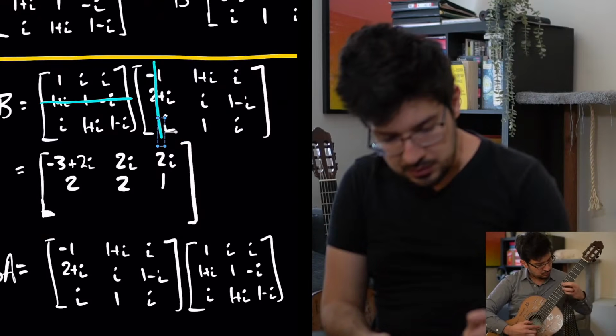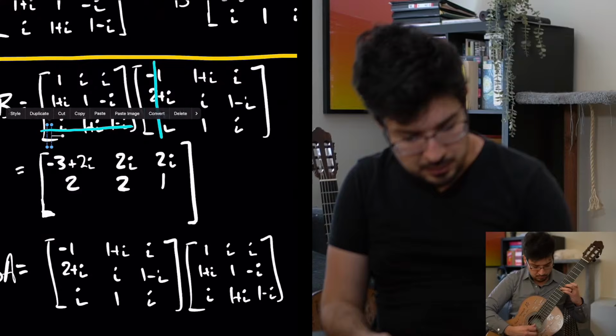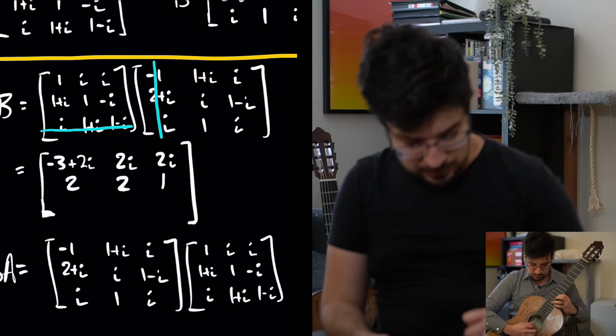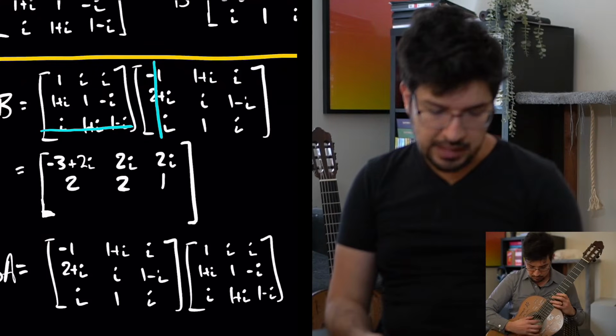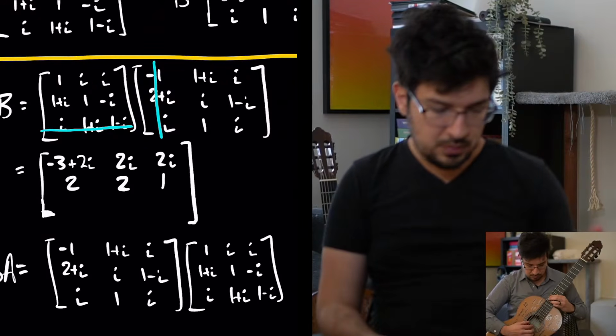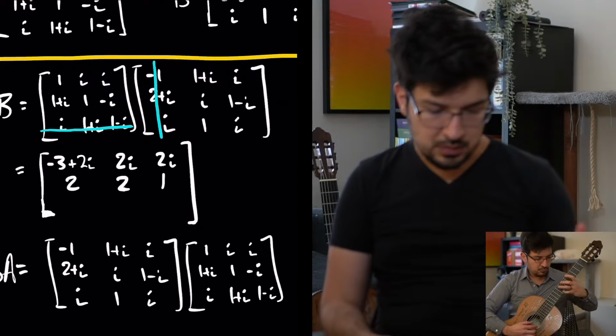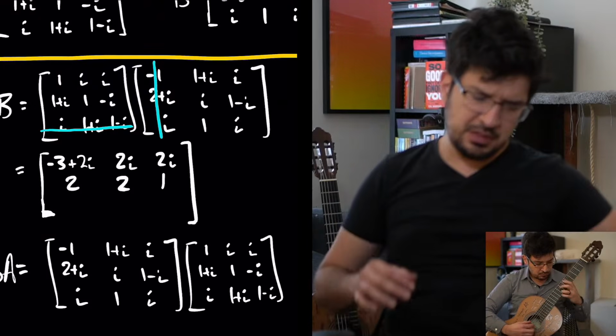Now we're going to do third row, first column. We have minus i, 2. Oh, wait. Have I been messing up some of these distributions?